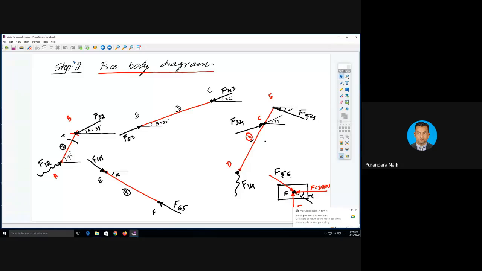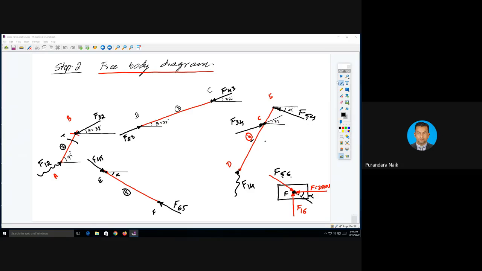The next thing is link number 4. We have three different points on link 4. One is F34, because it is opposite to F43. F43 is acting on link 3, and the same amount of force acts on link 4, opposite to F43. That is F34.